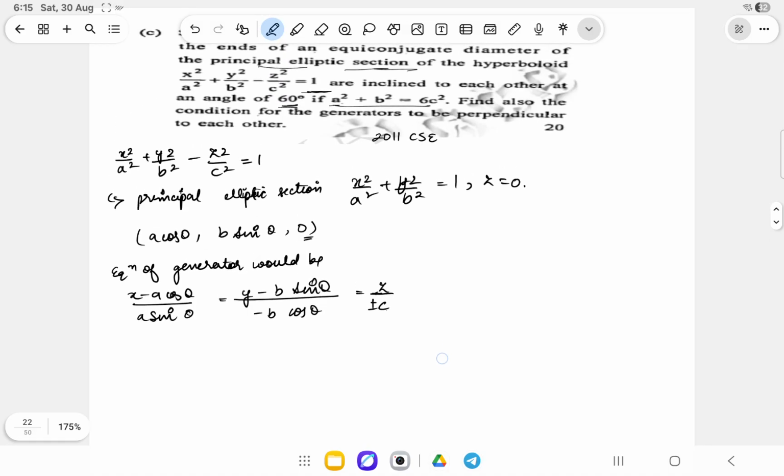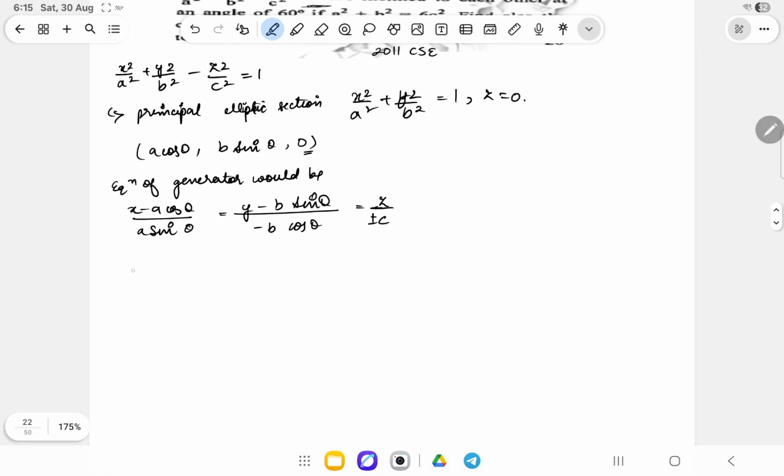So let us assume that they are inclined at angle alpha.